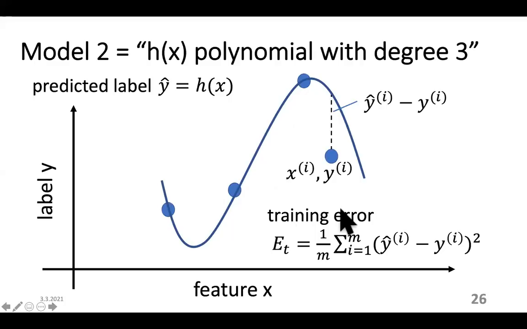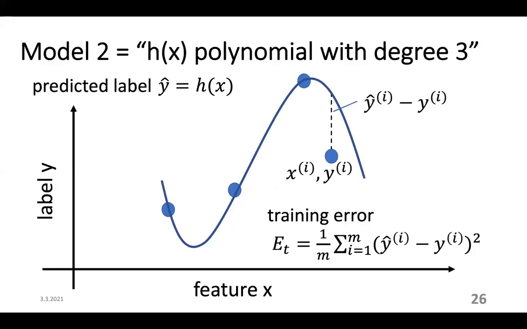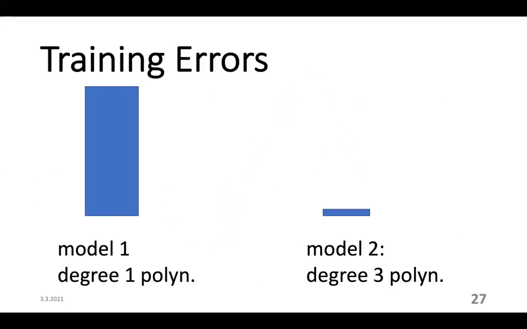And this is a general behavior: the larger model you use, the more choice you have from different hypothesis maps, and the more likely it is that one hypothesis map will almost perfectly fit your training data. So is this now a good idea, to choose the model which has the smallest training error?